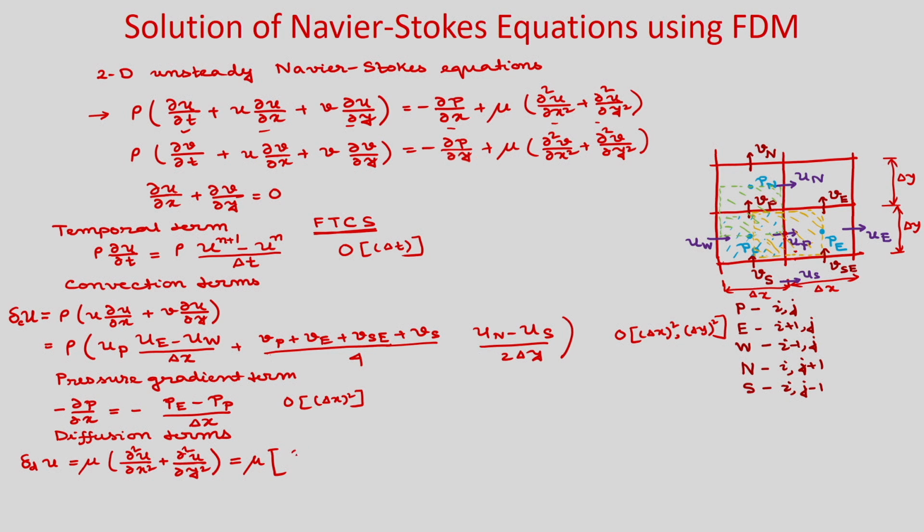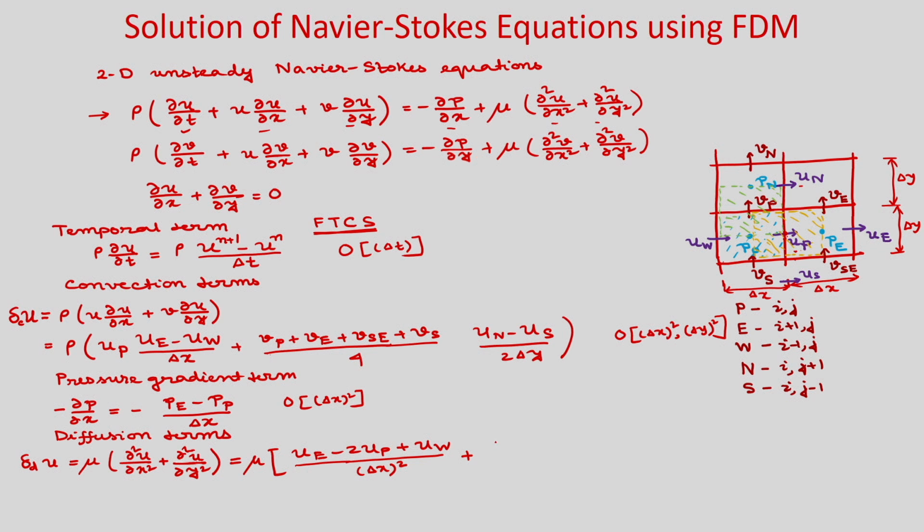Central difference we are using for the second derivative. And del 2 u by del y square is UN minus twice UP plus US divided by delta y square.